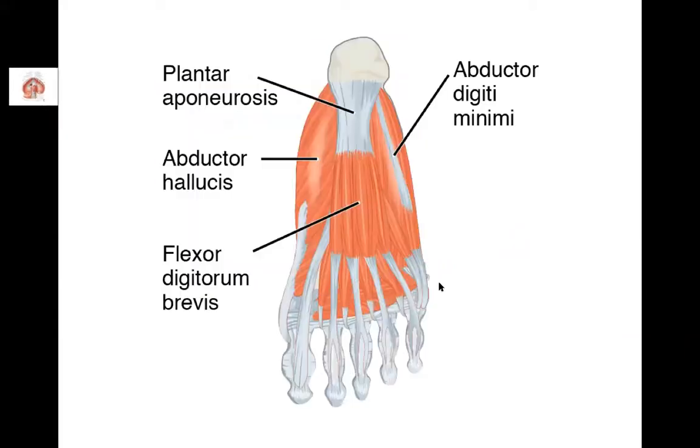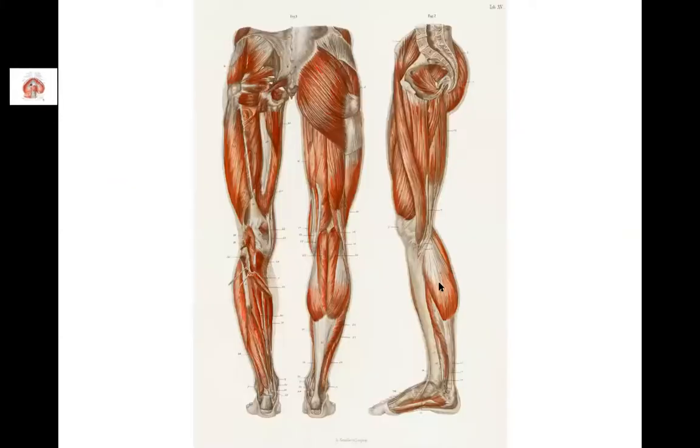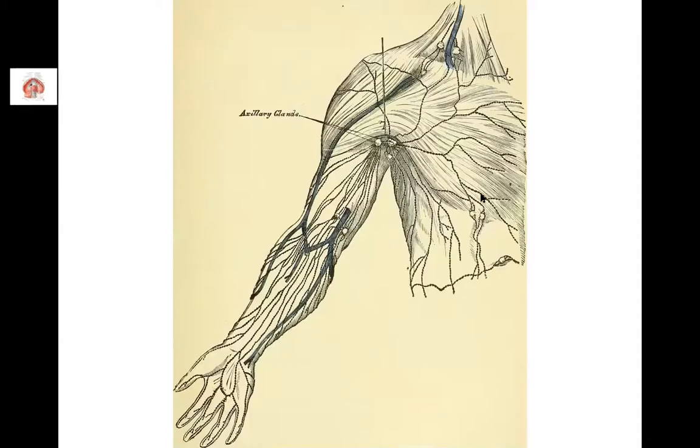Trampoline is a diaphragm. The arch of the foot is a diaphragm. The back of this area here, there's a diaphragm. There's a diaphragm in here in the thigh pits. Diaphragm in the axilla. Diaphragm in the antecubital fossa, the elbow crease.